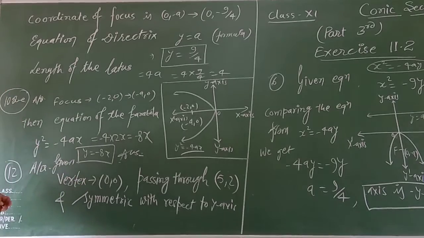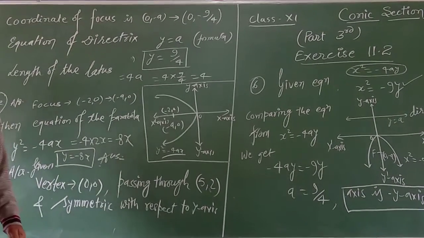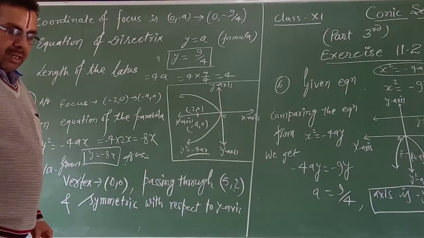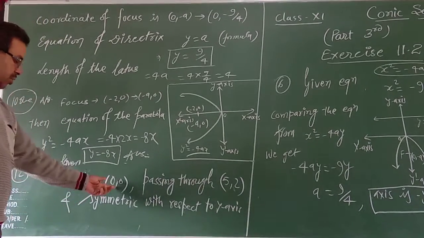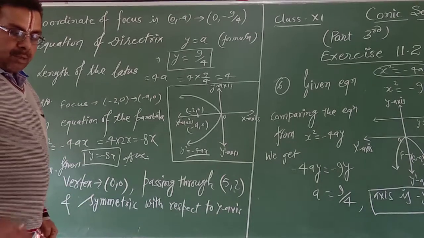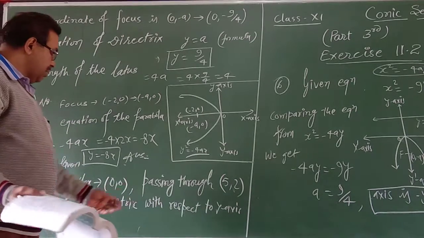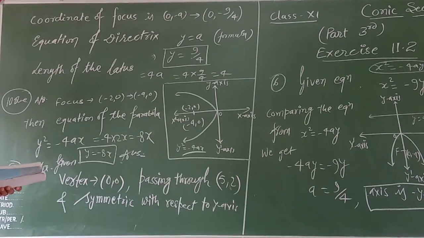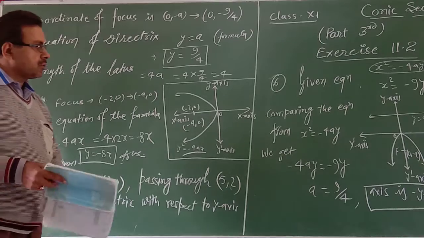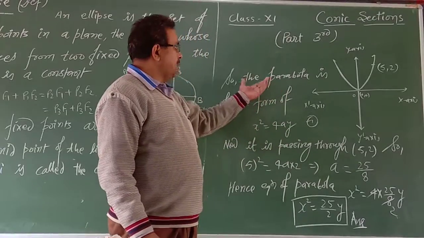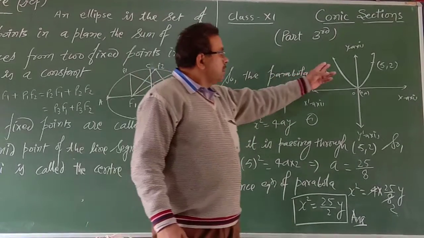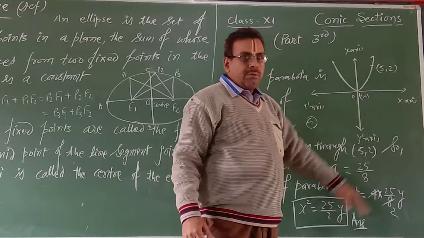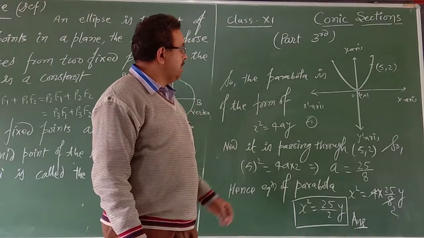Now see your next problem. It means last problem of exercise 11.2, and we are given vertex 0, 0 and passing through the point 5, 2, and also it is given symmetric with respect to y-axis. So, hence as the given information, the axis along y-axis, it is passing through 5, 2, like in the first coordinate.